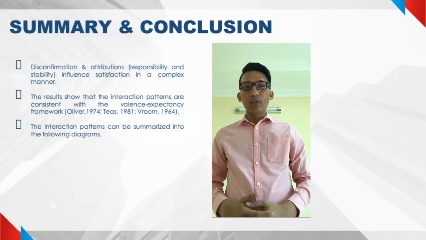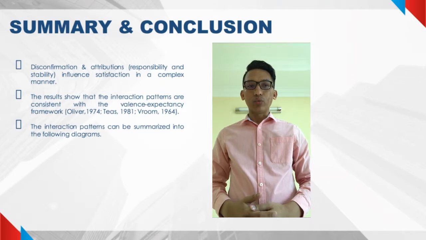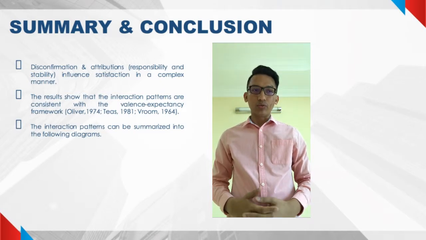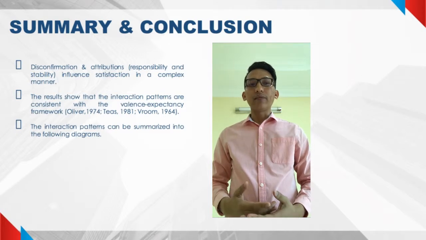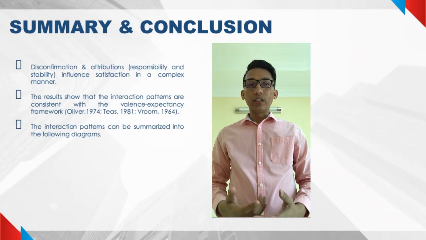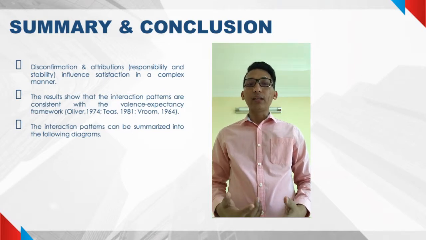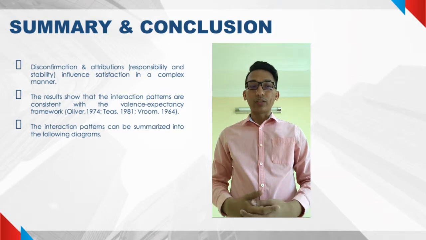Now we have come to the final part of the presentation, which is the summary and conclusion. From the beginning of the presentation, we already understand that the article is investigating the role of disconfirmation together with responsibility and stability attributions in satisfaction.